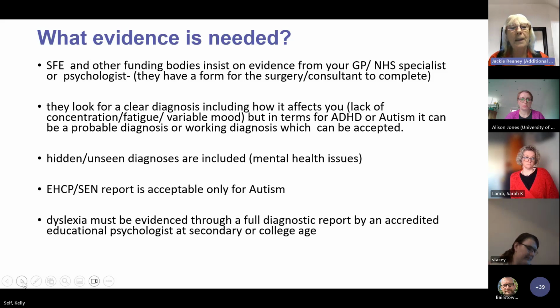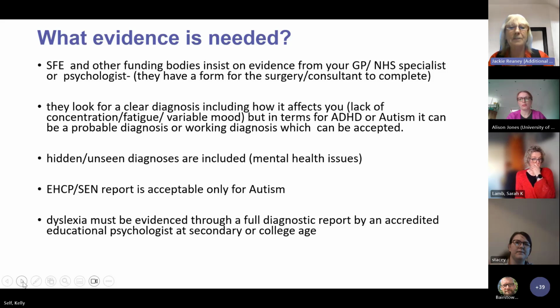And I know when we look at your EHCP, a lot of you, particularly the parents, will have fought very, very hard through college to get a good educational health and care plan that reflects what the learner needs. And I don't want you to feel that we discount that, but Student Finance don't take it perhaps as seriously as we would have liked them to take it.